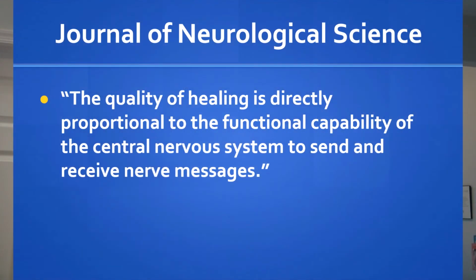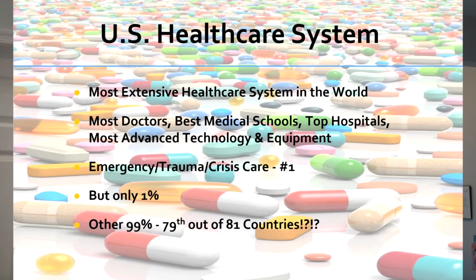Journal of Neurological Science: the quality of healing is directly proportional to the function and capability of the central nervous system to send and receive nerve messages. The U.S. healthcare system, meaning the medical system, has the most extensive healthcare system in the world. We have the most doctors, best medical schools, top hospitals, most advanced technology and equipment. Emergency trauma care is #1, but that's only 1%.